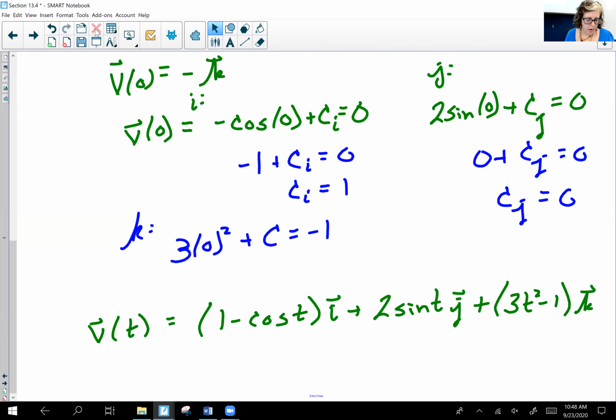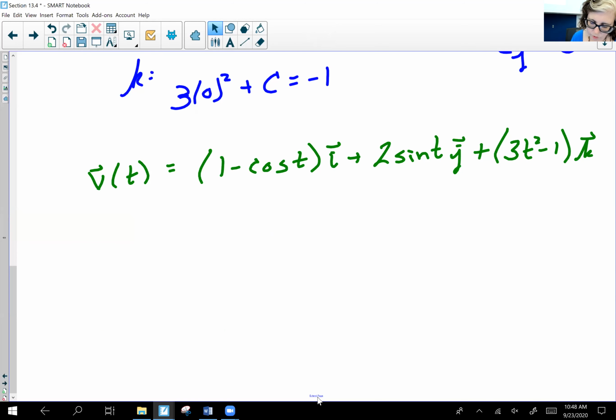Okay, now we're done with the velocity. Now we want to figure out our position. So how do we move from velocity to position? We're going to do another integral, aren't we? Here's my position.